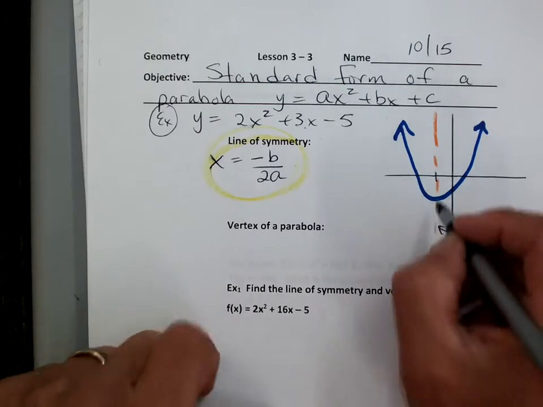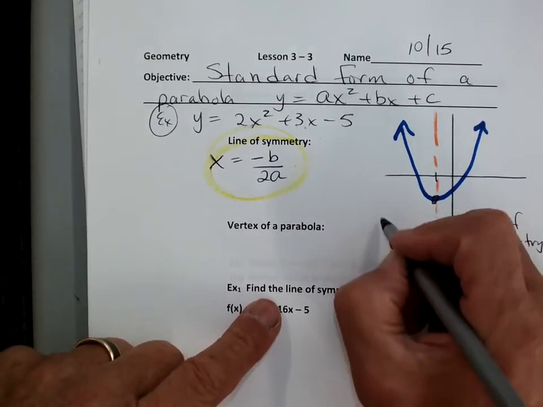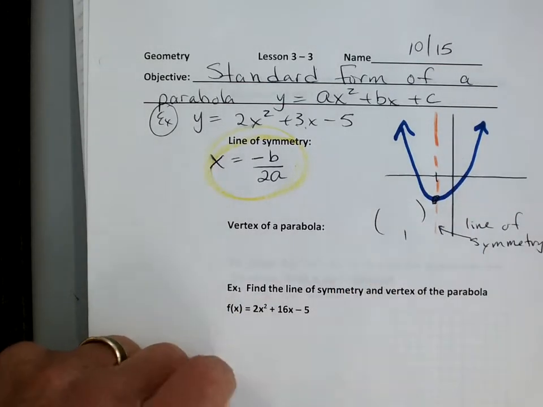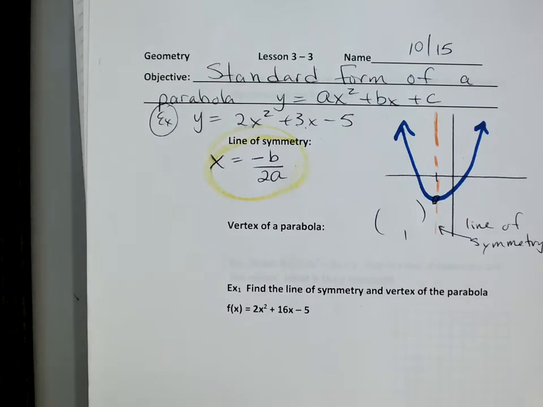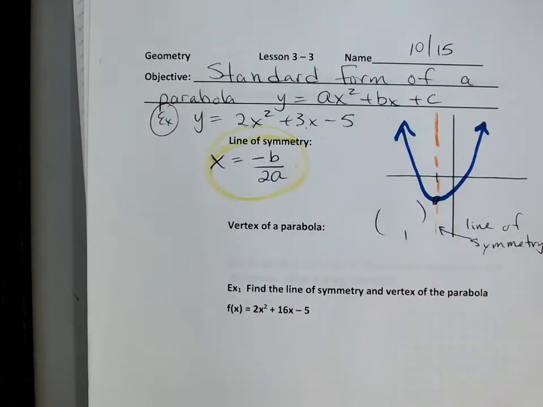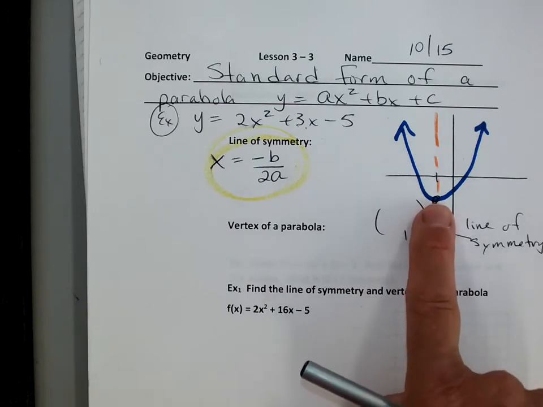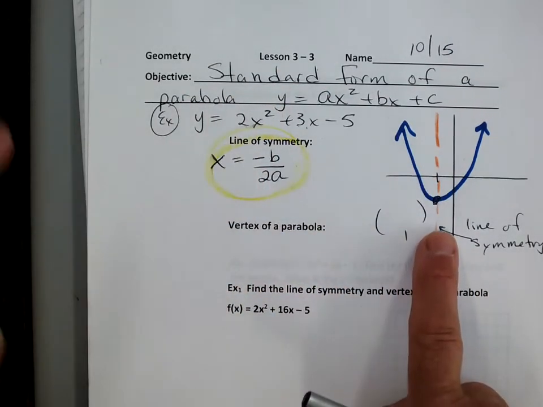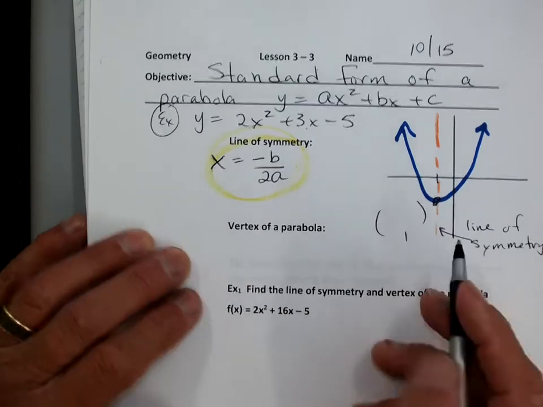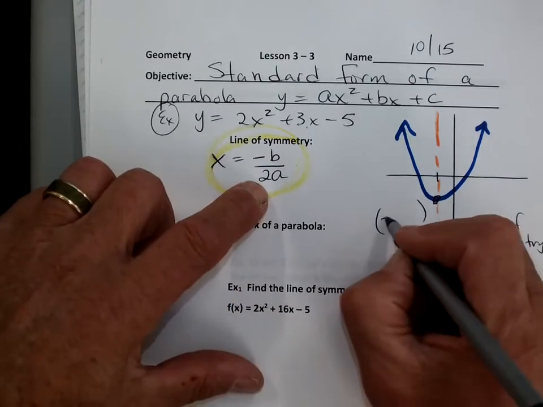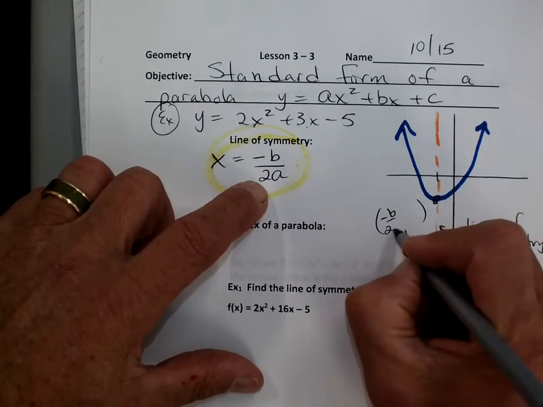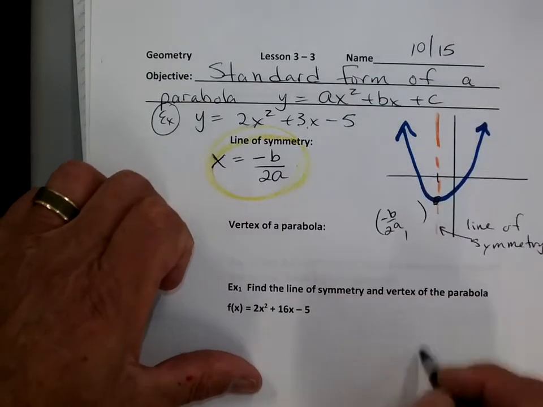Now the vertex of the parabola is right there. The vertex is a point. It's either the lowest point, which is a minimum, or the top point if it's upside down, which makes it a maximum. To get the vertex of the parabola, you use negative b over 2a because it goes right down the line of symmetry.